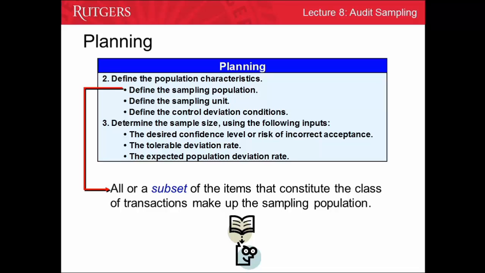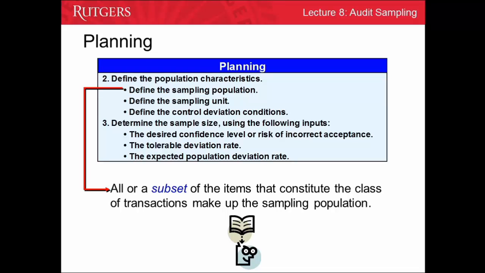For example, suppose the auditor is interested in examining the effectiveness of a control designed to ensure that all shipments to customers are billed by testing whether all shipments were in fact billed.